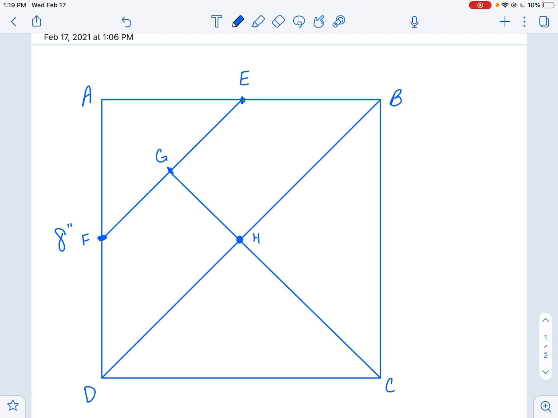So we've done the first 8 steps. If you're through the first 8 steps, your tangram should look like this.